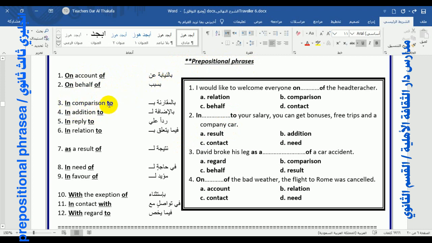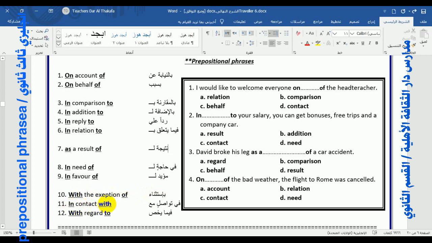But in with to: in comparison to, in addition to, in reply to, and then in relation to. Then as and of: as a result of. Here you have the meaning, as a result of. In need of, in favor of. Okay, then with the exception of باستثناء, with the exception of.